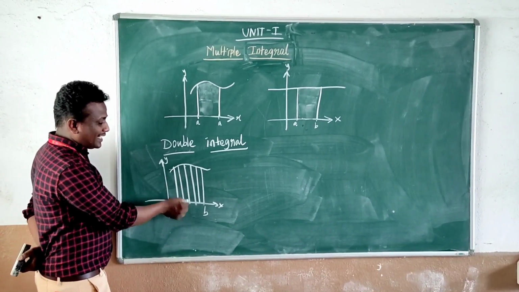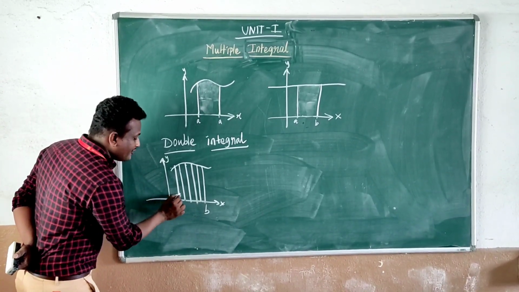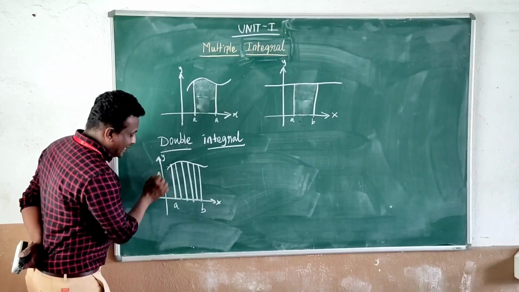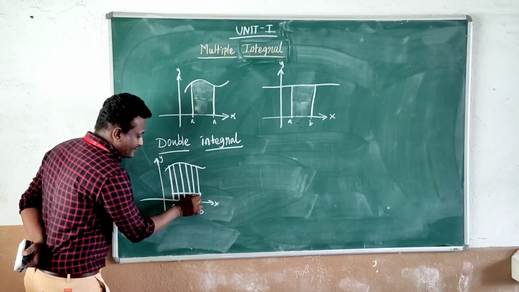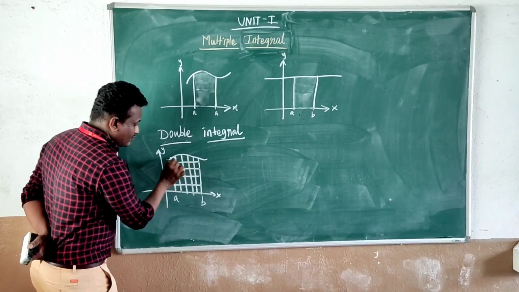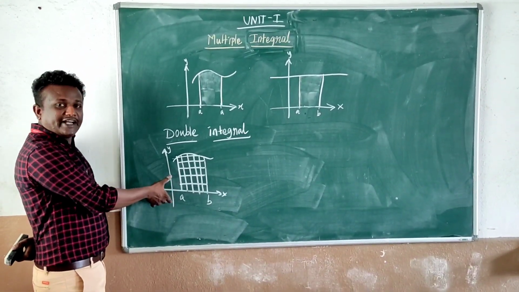So this is the graph that we have seen in single integral. In double integral we are going to draw a perpendicular line towards the y-axis also. So like this. Now look at this image.